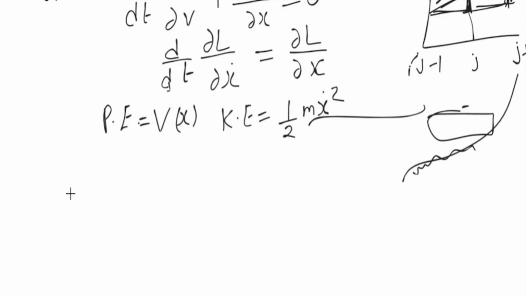Now what is the Lagrangian? The Lagrangian depends upon x dot and x, as we just said. It means the Lagrangian can be written as half m x dot square minus V of x.